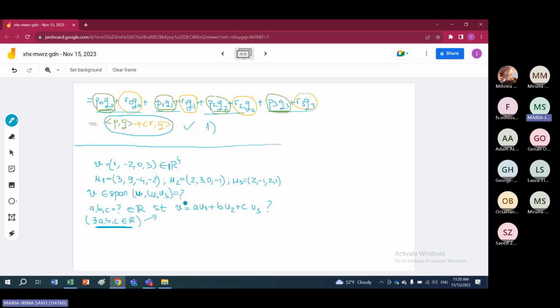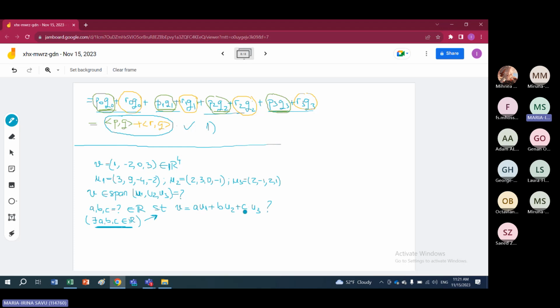So if the question is whether V is in this span, then the answer should be based on studying the compatibility of this system. If the problem tells you to write V using U1, U2, and U3, you have to solve the system. So if you want to see exactly A, B, C, you have to solve the system.